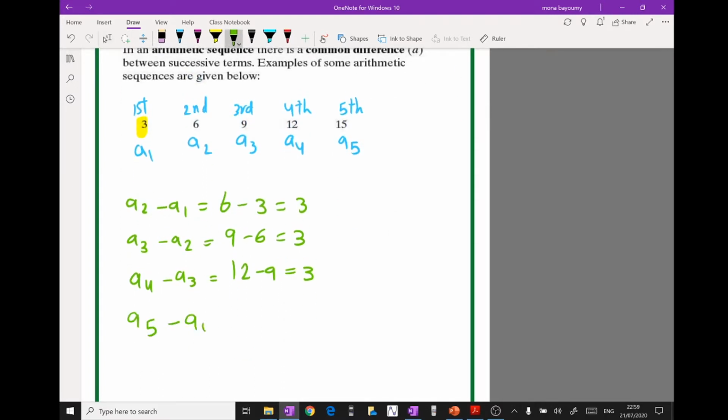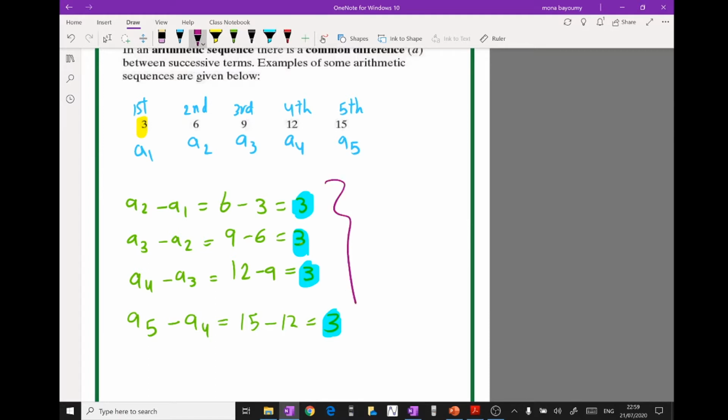A5 minus A4 is equal to 15 minus 12, which is equal to 3. Look at the difference. The difference is 3, 3, 3. The difference between any two successive terms is common.